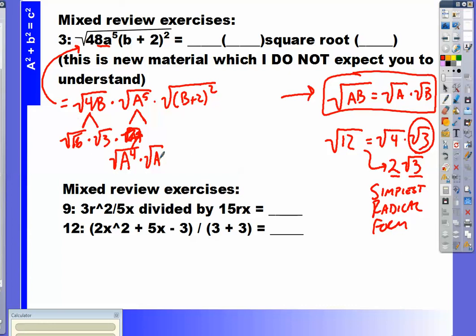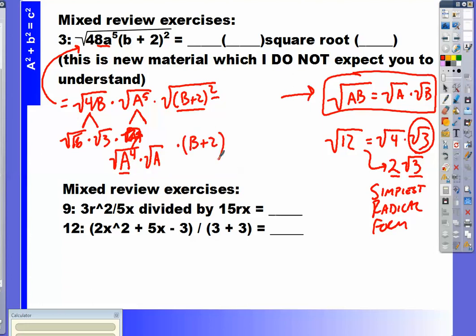And the reason why this is an advantage to us is that a to the 4th is a perfect square. Looking at this last thing, well, I just have a whole quantity that is taken to the second power. It's squared. So the square root of b plus 2 squared is just going to be the whole quantity, b plus 2.